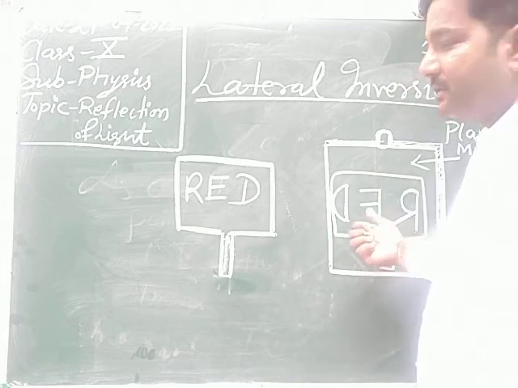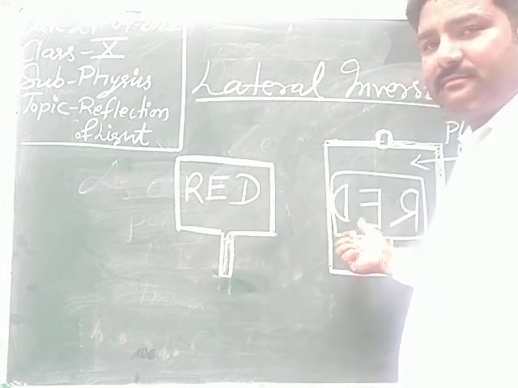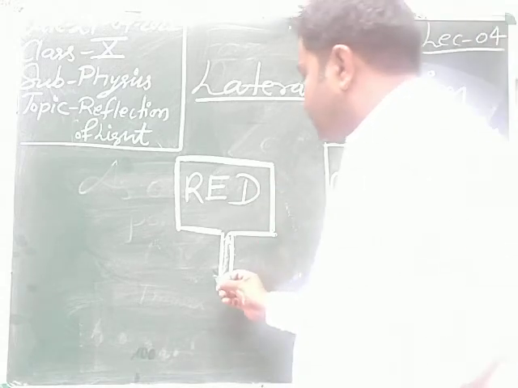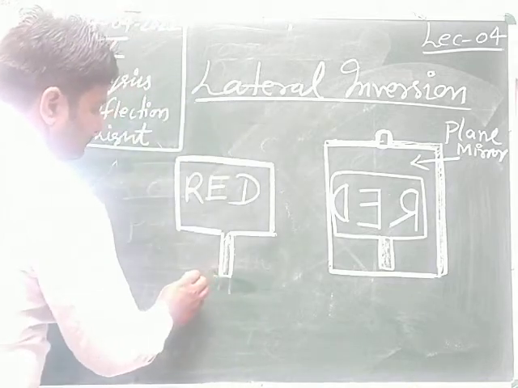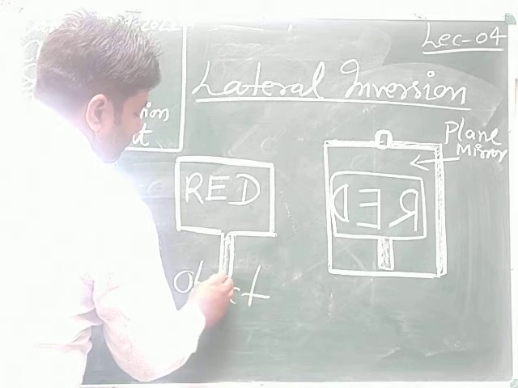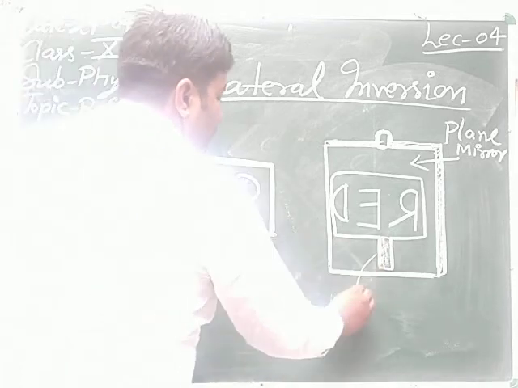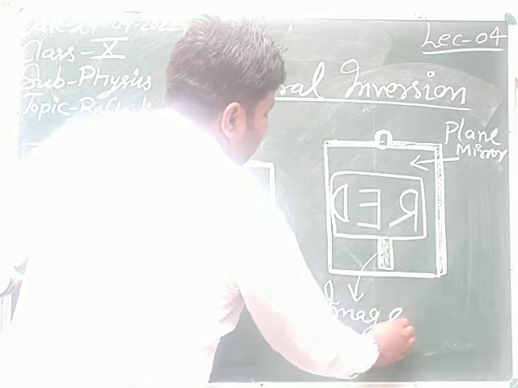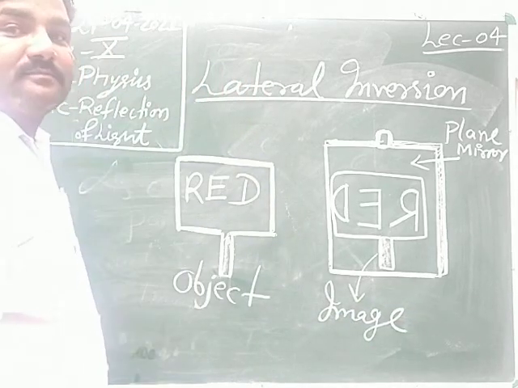This is the image of this particular object. Writing here, this one is the object, and this one is the image in the plane mirror. Clear?